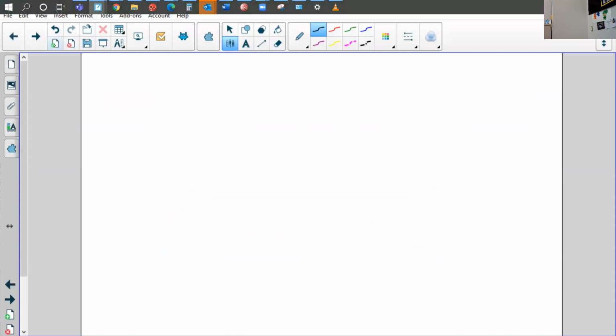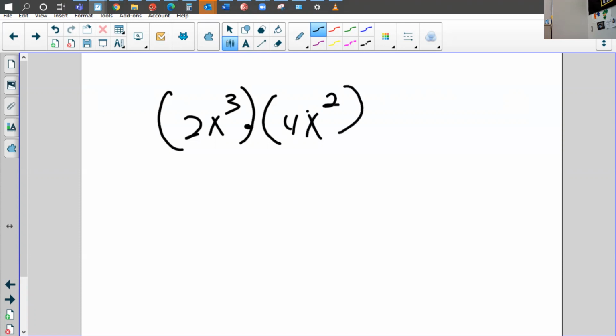When you multiply, say, 2x cubed times, let's put a parentheses, times, say, 4x squared, you multiply the coefficients, 2 times 4 is 8, but then you add the exponents, 3 and 2 is 5.